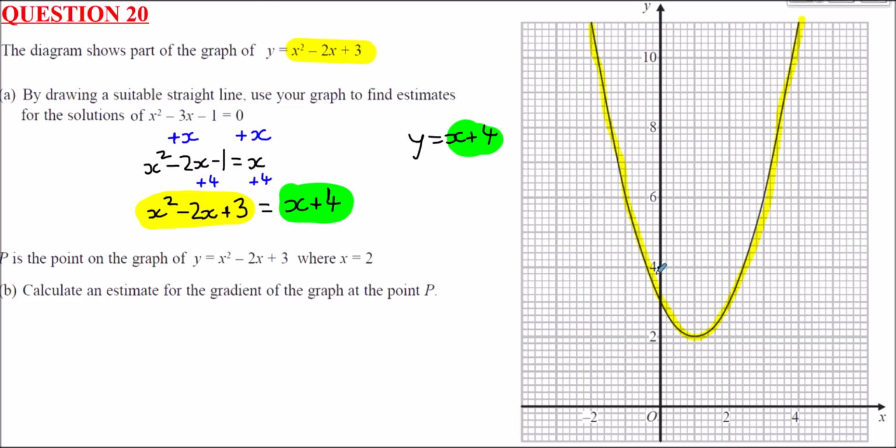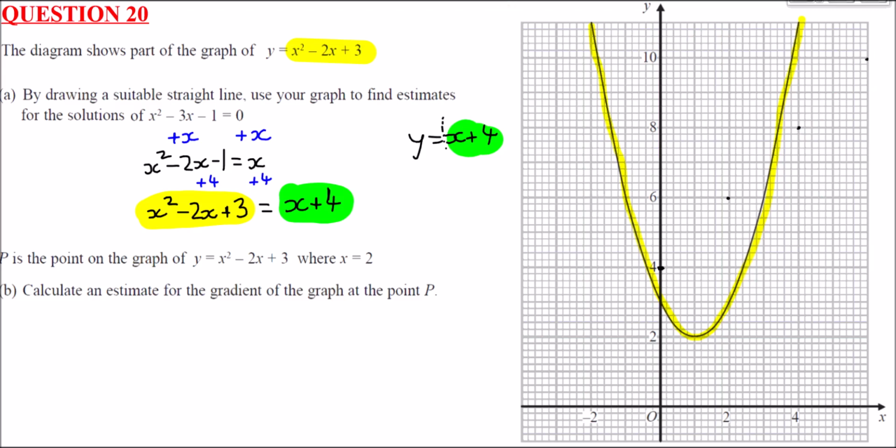And for every 1 unit we go along for x, y goes up by 1 unit because it's a gradient of 1. Think of it as being y equals 1x. So if I go along 2 units for x, y would go up 2 units as well. So along 2, up 2, along 2, up 2, and so on.